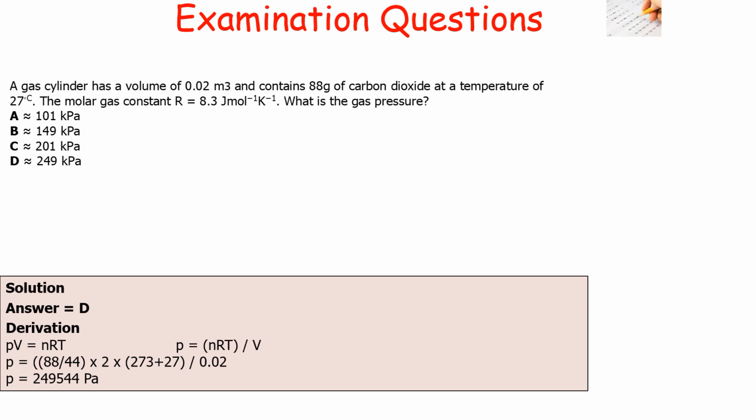We can then also work out what our value of n, the number of moles, is going to be by dividing our mass by the Mr of carbon dioxide, which is 44, so 88 over 44 gives us our number of moles. So we can work everything through, and we get our answer to be 249,544 pascals, which is roughly 249,000 pascals, so our answer is D.